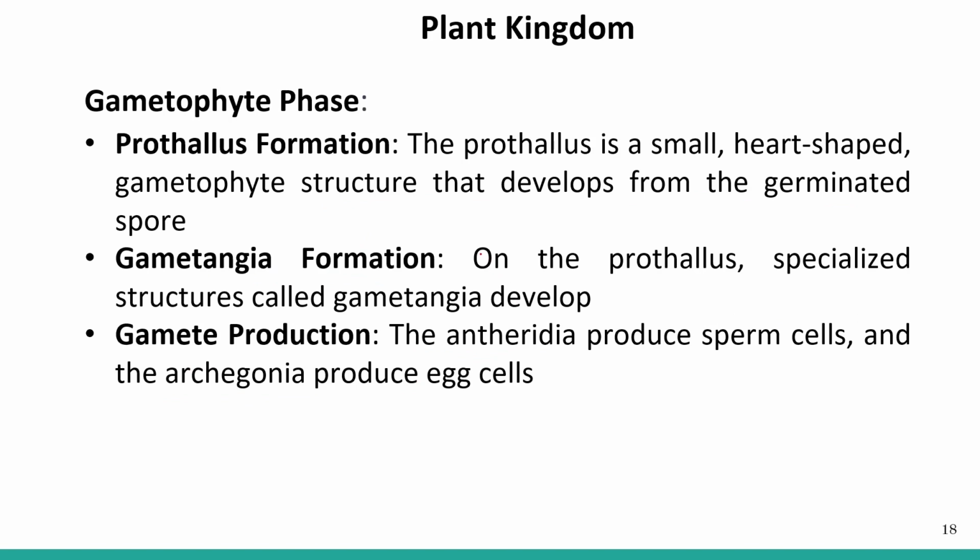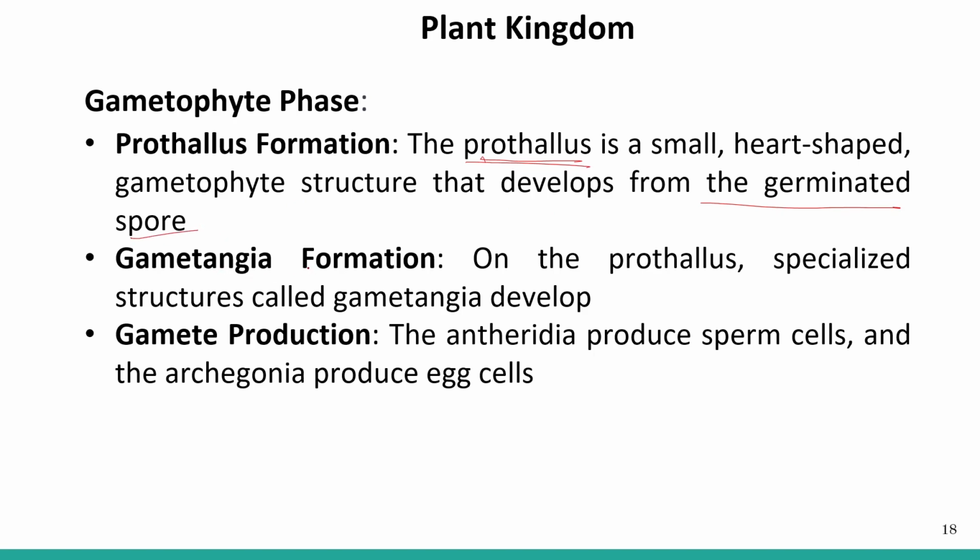After the formation of spores, those spores are released from the sporangia, and at a suitable substratum they germinate and form a heart-shaped prothallus-like structure. It is a small heart-shaped gametophyte that develops from the germinated spore.